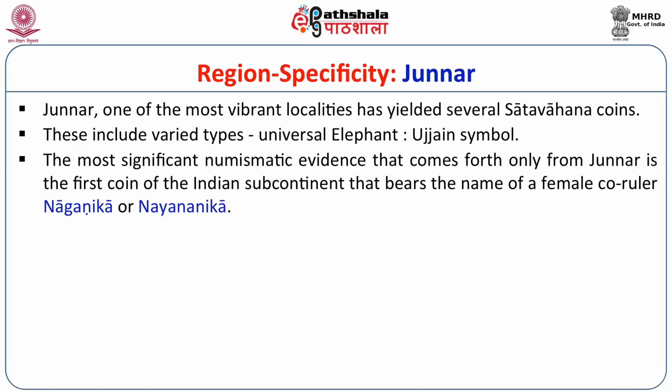The most significant numismatic evidence that comes from the Junnar region is a very important find from the Indian subcontinent. It's a coin of Naganika or Nayanika. Nayanika is the first female ruler or co-ruler to have her name mentioned on the coins.